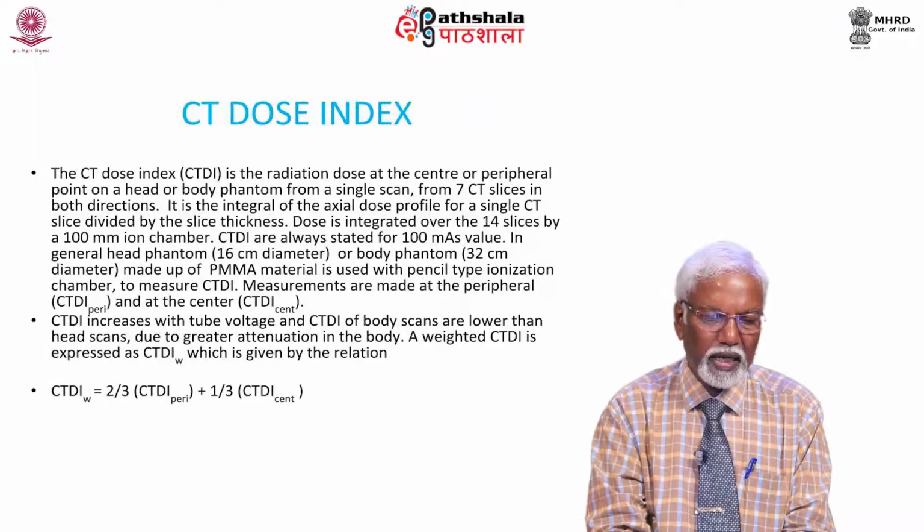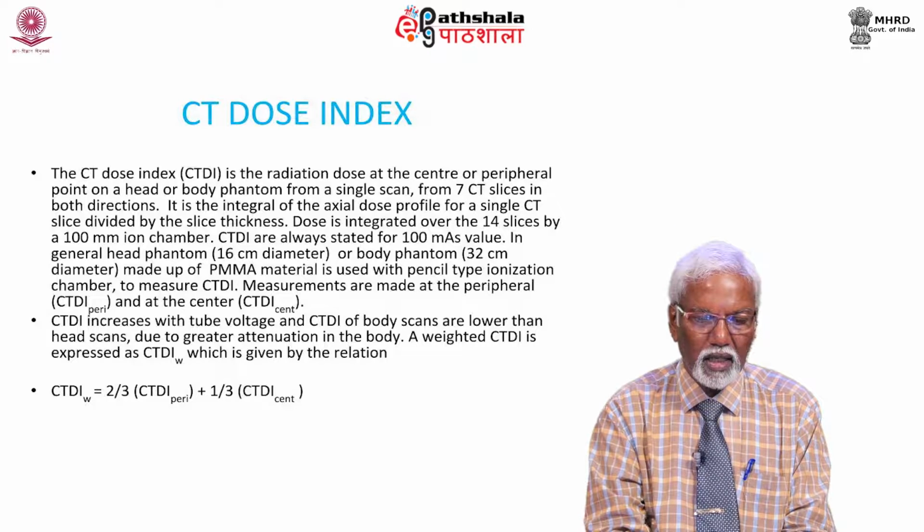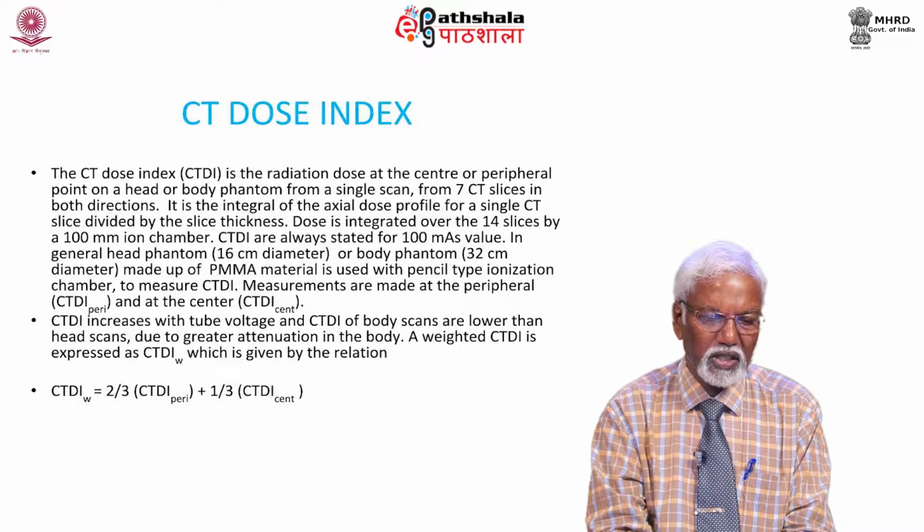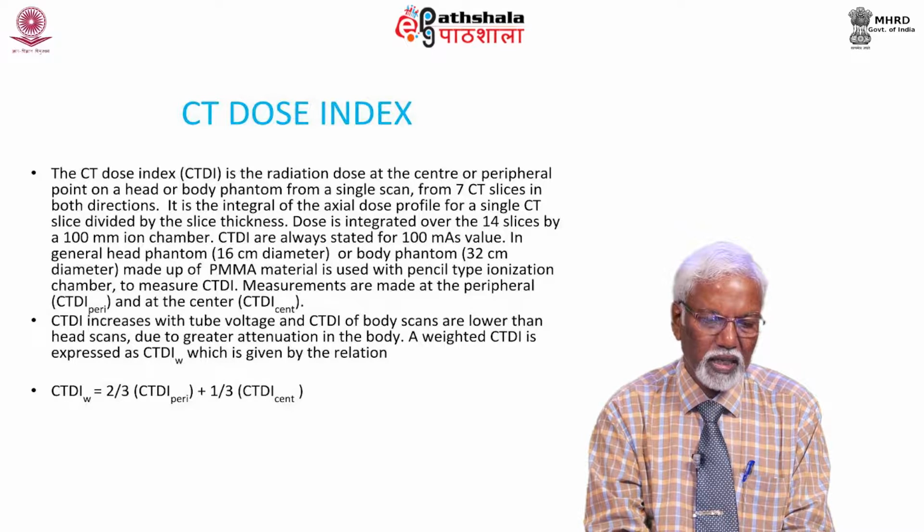The CTDI is the radiation dose at the center and peripheral points on a head or body phantom for a single scan from 7 CT slices in both directions. That is, for a phantom having 14 slices, at the center we keep a radiation chamber and make measurements.